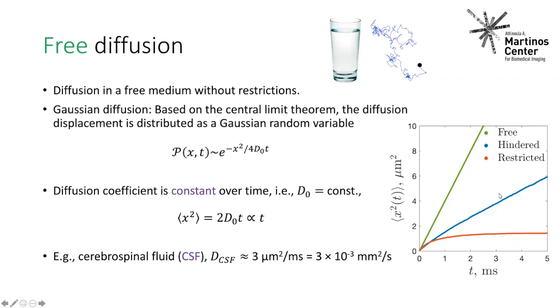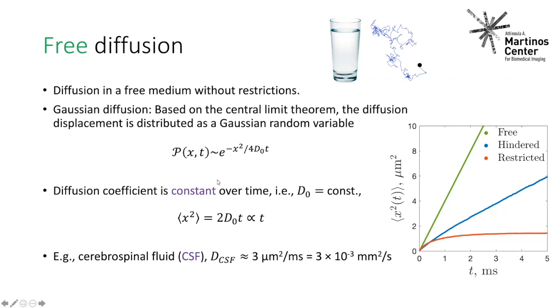The simplest diffusion is free diffusion. Free diffusion is diffusion in a free medium without restrictions. We usually call it Gaussian diffusion because, based on the central limit theorem, the diffusion displacement is distributed as a Gaussian random variable.